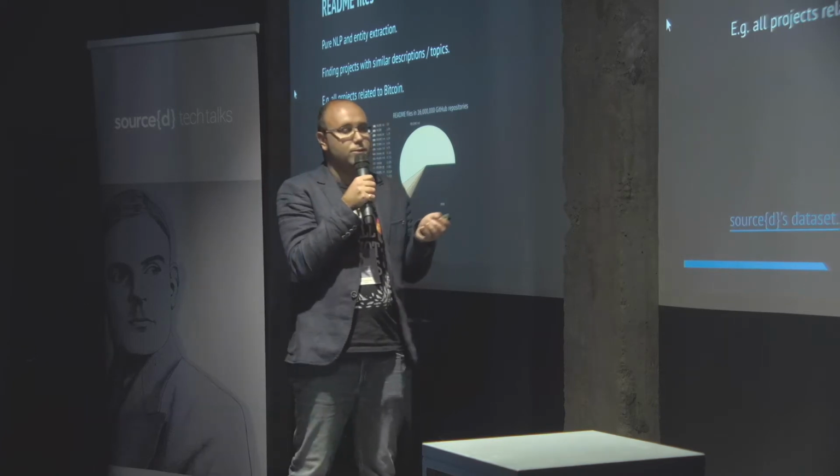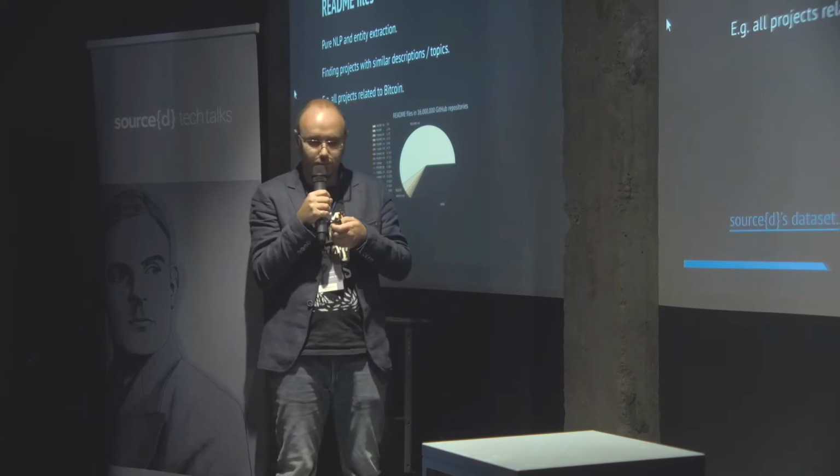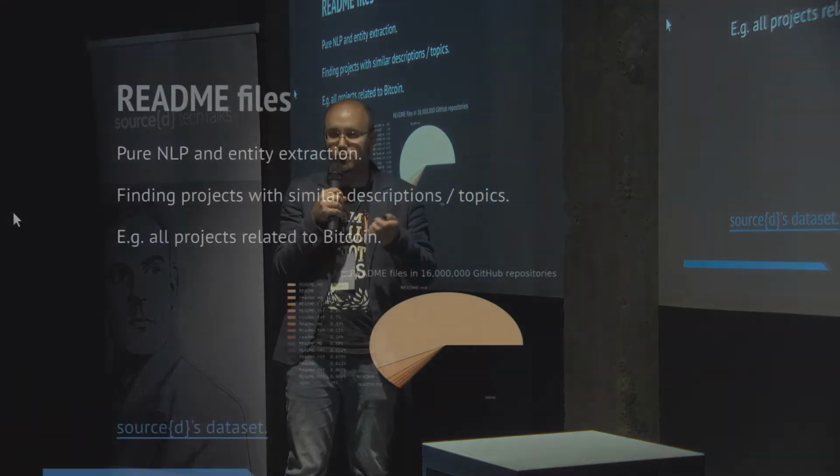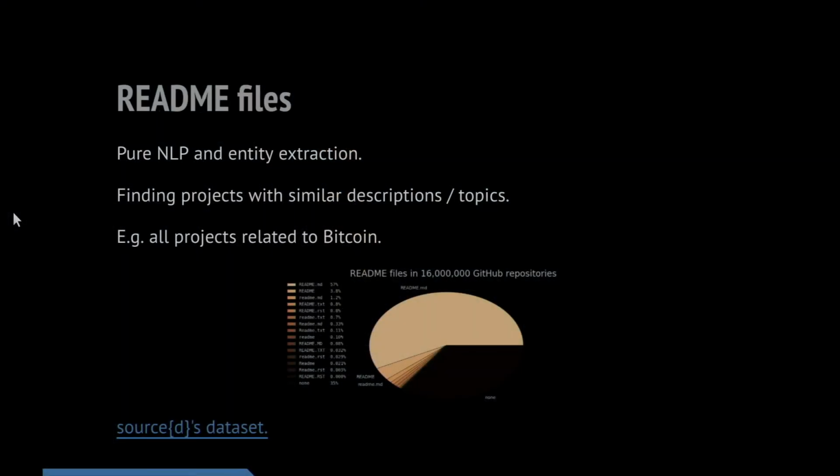Well, README files are just a polygon for applying your NLP skills. You can do a lot of interesting things. Usually it's Markdown, and since it's Markdown, you can parse it, you can extract titles, you can extract source code snippets, you can do really funny things with it.